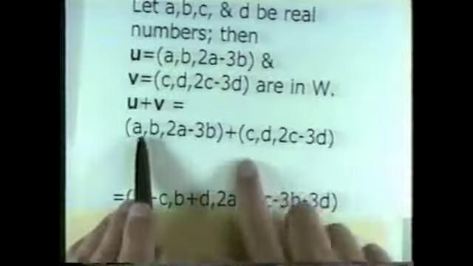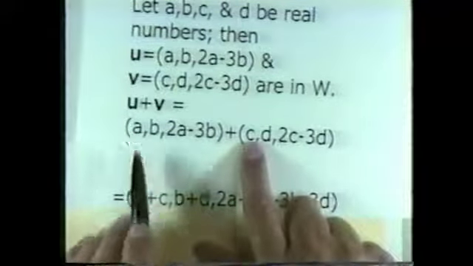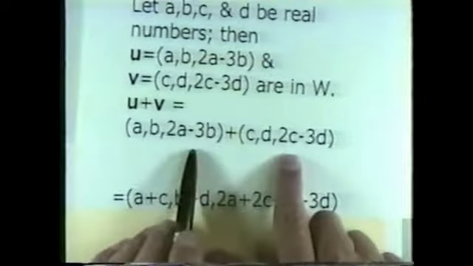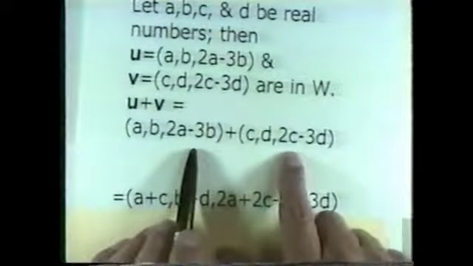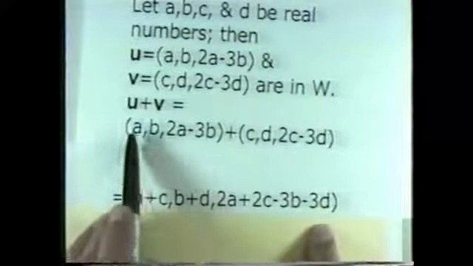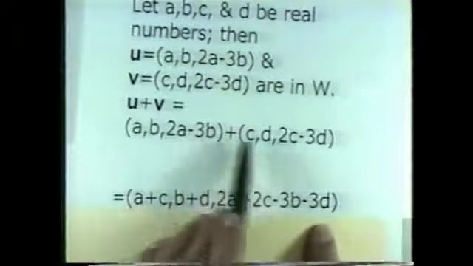Adding the first components, a plus c, b plus d, 2a plus 2c minus 3b minus 3d. I just added the first components, added the second components, added the third components.